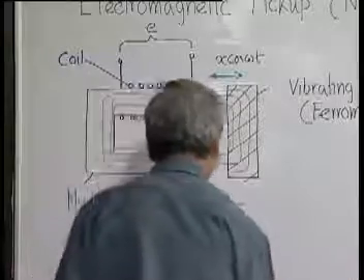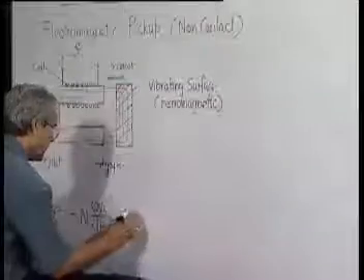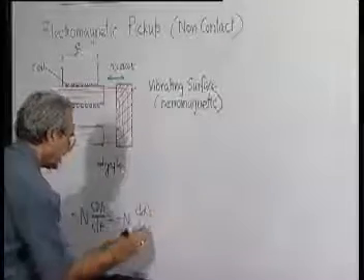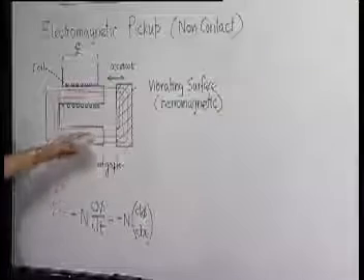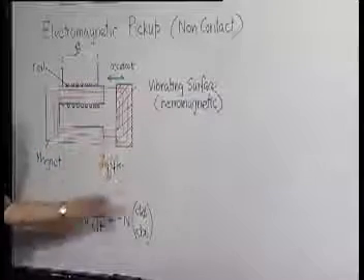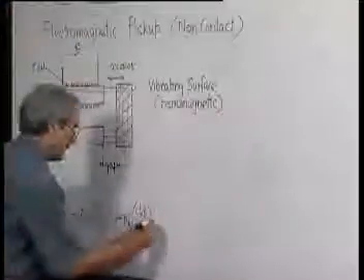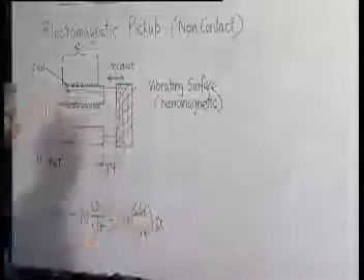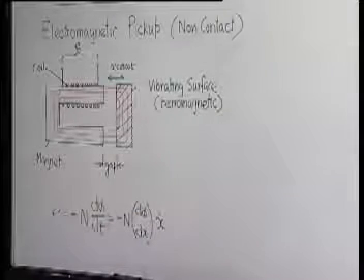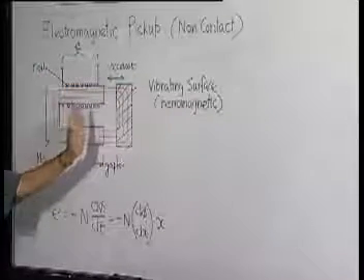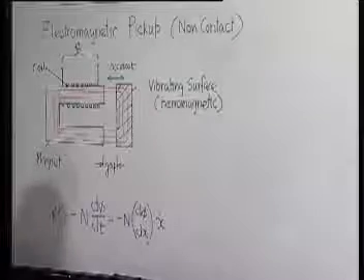So we can write this as minus n d phi by dx times dx by dt. The quantity d phi by dx depends only on the configuration of the whole thing, dimensions, material and so on. And dx by dt is x dot. Therefore the voltage we get is proportional to the velocity of the object. So it is again a direct velocity pickup.